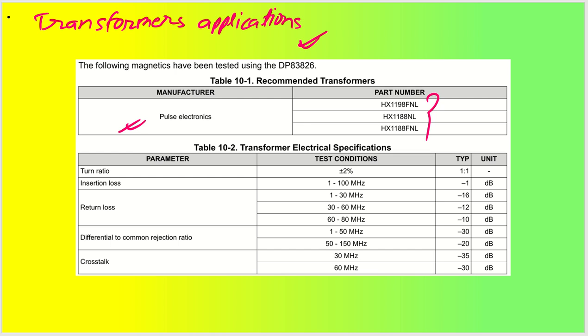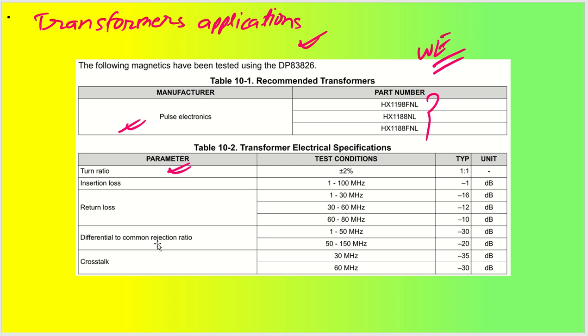However, we have also utilized the one from Würth Electronics, and that is also tested. The turns ratio has just a plus or minus 2% variation, which is 1:1, the insertion loss is up to minus 1 dB, and the return loss is minus 16 dB for this frequency range. For a higher range, it reduces further.